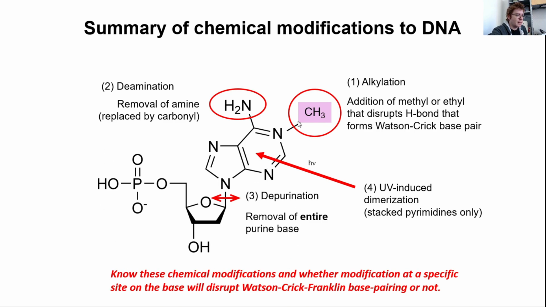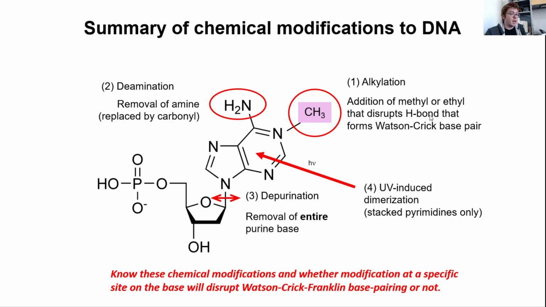And so basically, to sum up all the types of chemical modifications here, if you can just draw a picture of a nucleotide and explain to yourself what alkylation is, what deamination is, what depurination is, as well as know about these UV-induced dimers that can occur with pyrimidines, then you're going to have a pretty good handle on the types of damage that can happen to these nucleotides.